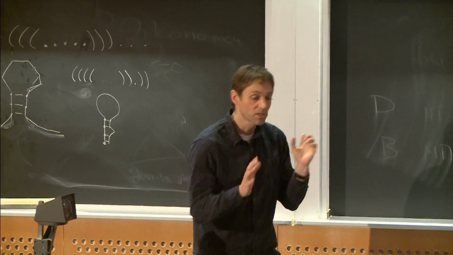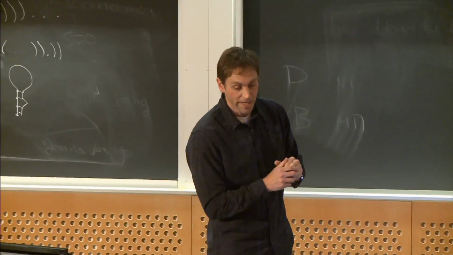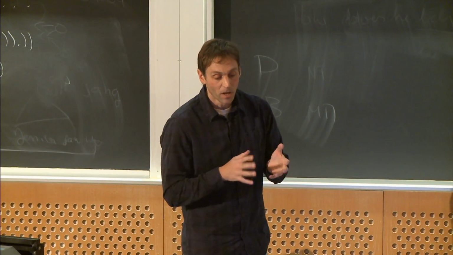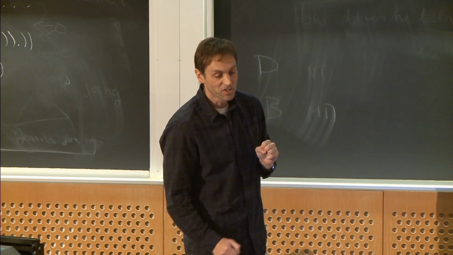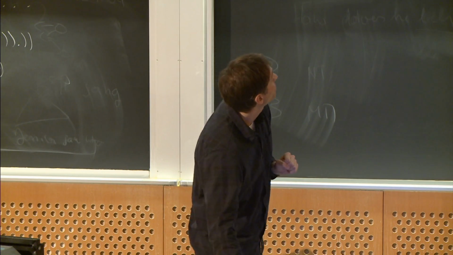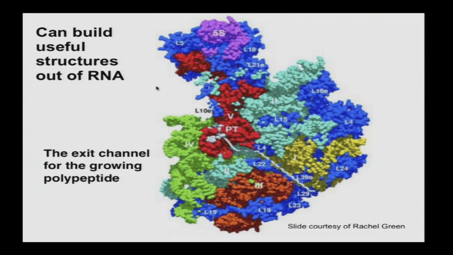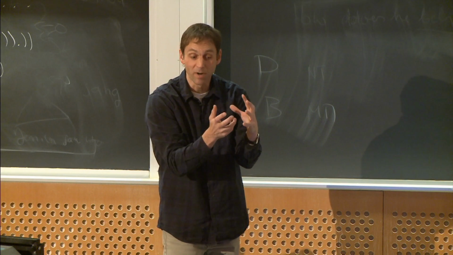I would say it's not as good as protein, but it is capable of constructing something like a long tube. And in fact, in the ribosome, you find such a long tube right here, where the peptide that's been synthesized exits the ribosome. You'll notice it's not like a large cavity in which the protein might start folding.